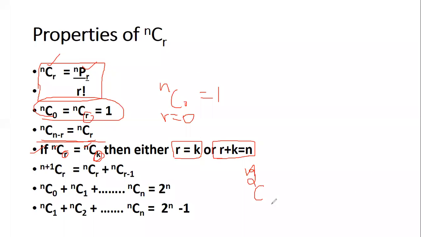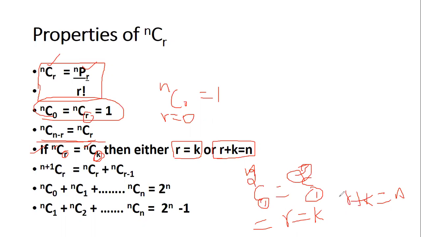Let's say 2C1 is equal to 3C1, let's say. Now here either your r will be equal to k, so like this 1 and 1, or r plus k will be equal to n. We will take this as 2 only. So r plus k means 1 plus 1 is equal to 2. Either of these can be applied.